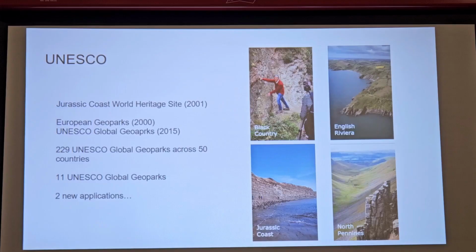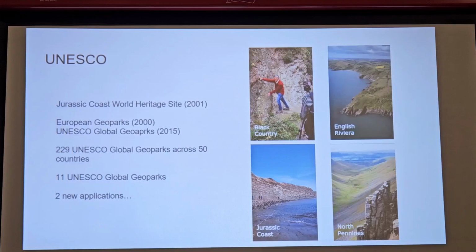And in England, we have 3, the first of which, I can't remember the dates, was North Pennines, which directly overlaps with the North Pennines AONB, now known as a national landscape.